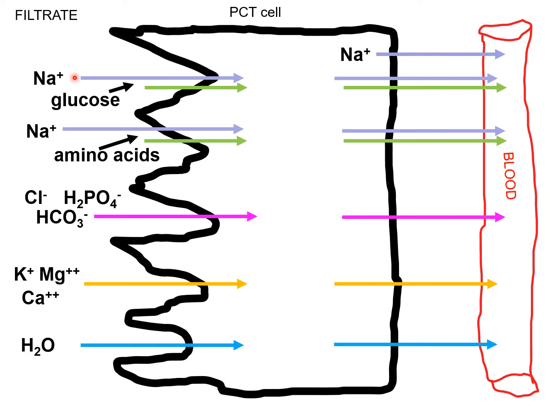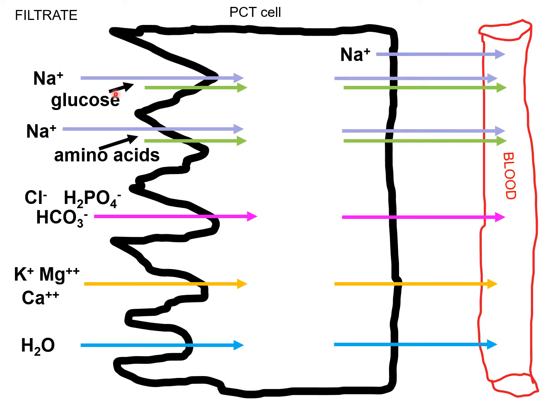What helps movement of sodium into the cell are actually called symporters. Symporters are proteins that accept the movement of sodium, and as sodium is sticking to the symporter protein, that symporter protein will grab onto a glucose or an amino acid. So these parallel purple and green lines label the work of symporters.